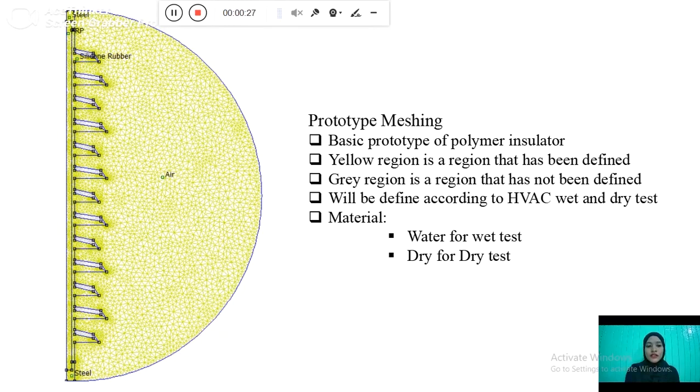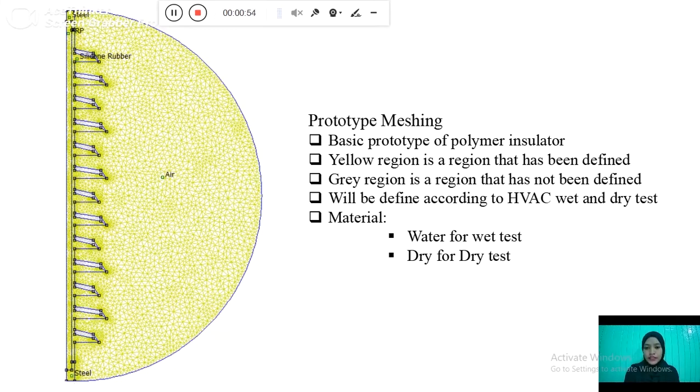The yellow region, we define by using the basic material of our insulator, which is steel, FRP, silicone rubber, and air. As for the gray region, we will define according to the HVAC wet and dry test. So for the wet test, we will use water, and dry material for the dry test.